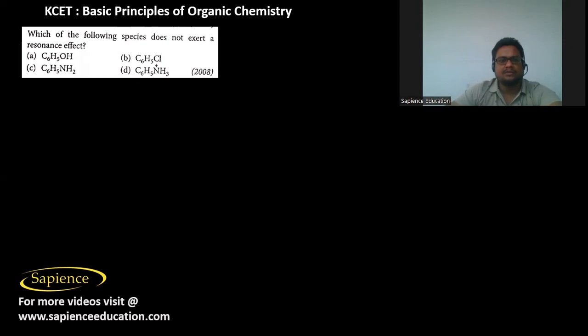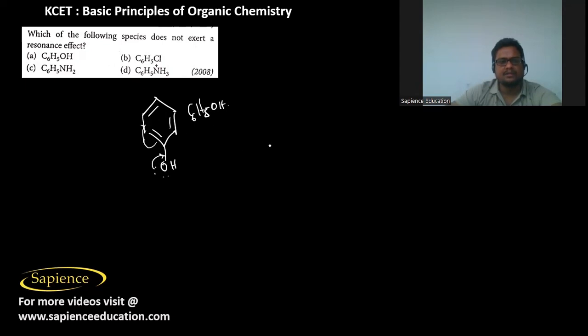Here it is told which of the following species does not exert a resonance effect. So C6H5OH is called phenol. Oxygen has got two lone pairs, so it can come here and then it can come here. So here also resonance can happen.